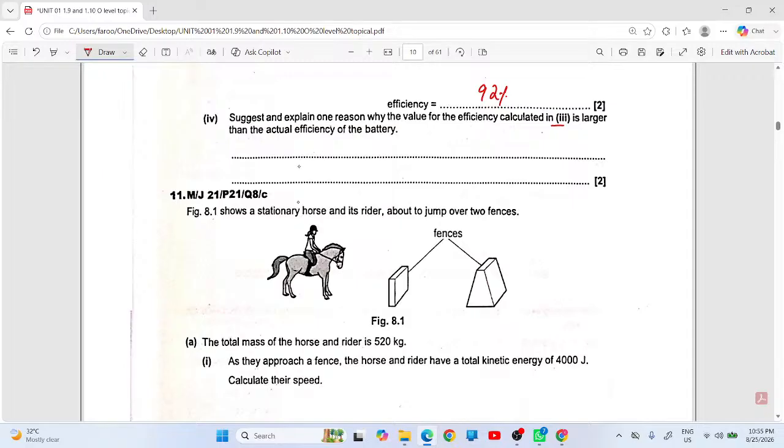This is a 2 marks question, ना? जी बच्चे. कहते हैं कि सर since we are... क्यों सर. क्वेश्चन को जरा देखें. Explain one reason why the value of the efficiency calculated is larger. कहते हैं ये 92 नहीं होती, इससे कम होती.